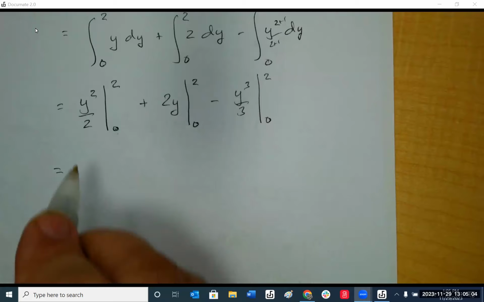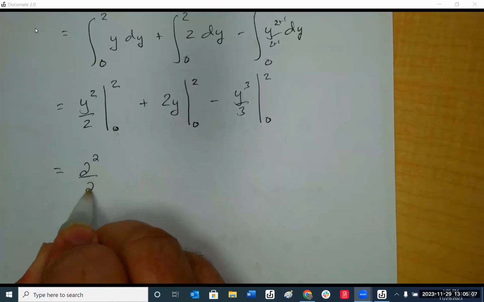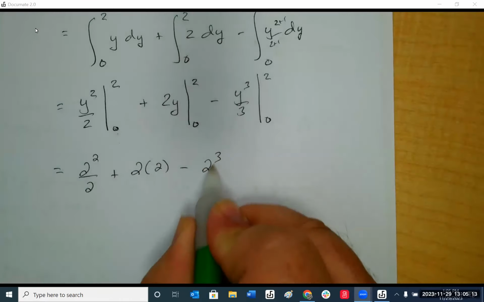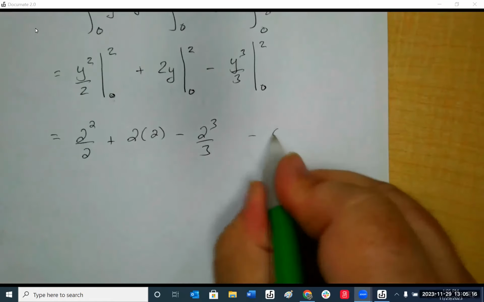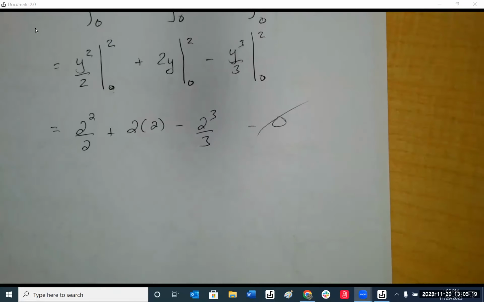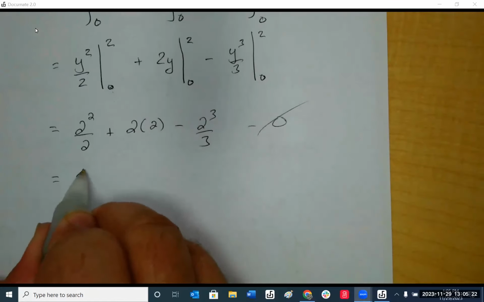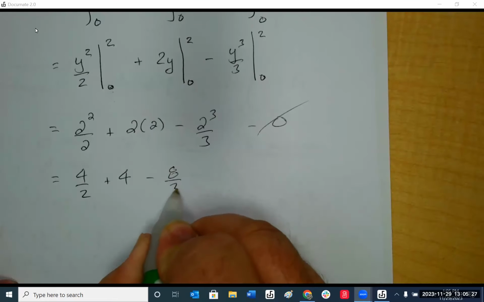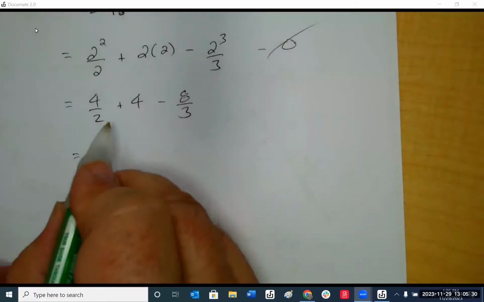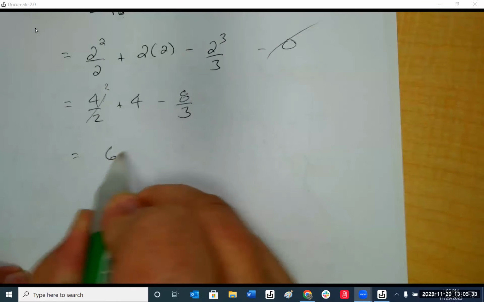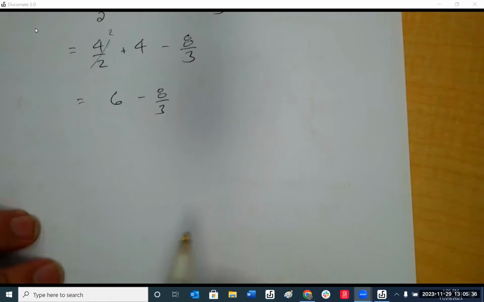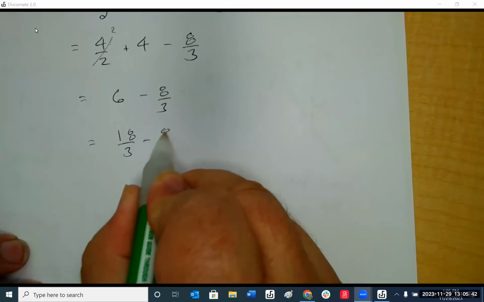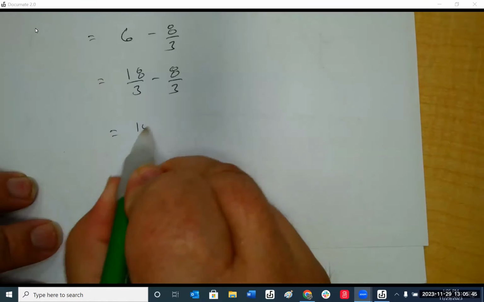All we have to do is the top number. 2 squared over 2, 2 times 2, 2 cubed over 3 minus 0. So this is 2, so it's 6 minus 8 over 3. Common denominator is 3, so it's 18 over 3 minus 8 over 3, which makes it 10 over 3.